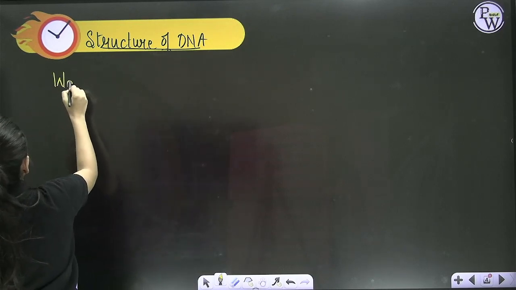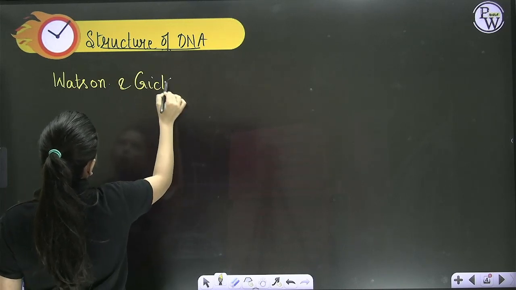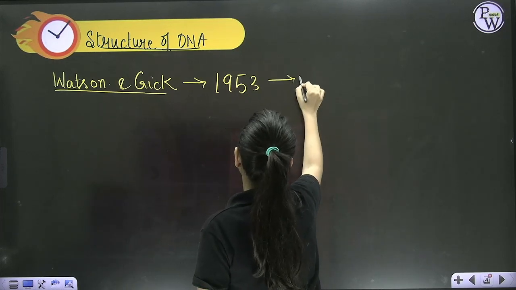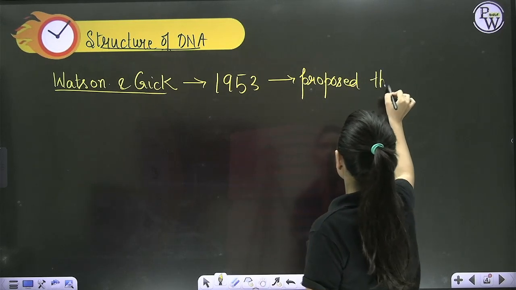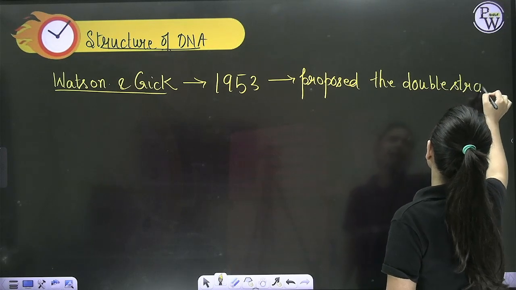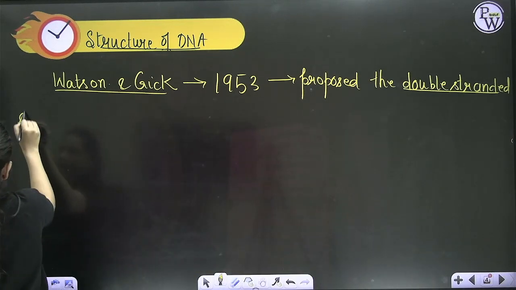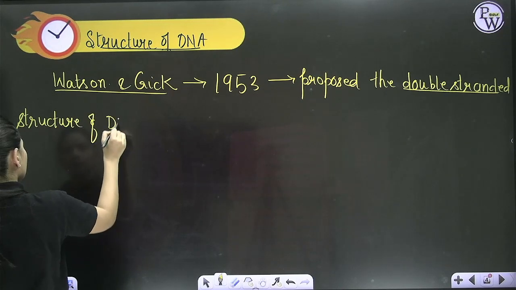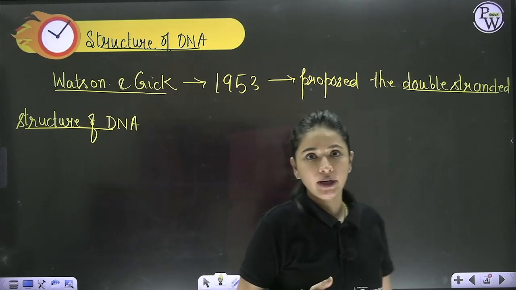So, there were two people, Watson and Crick, who in the year 1953 proposed the double-stranded structure of DNA. Right? Now, Watson and Crick, for this, they also received the Nobel Prize.